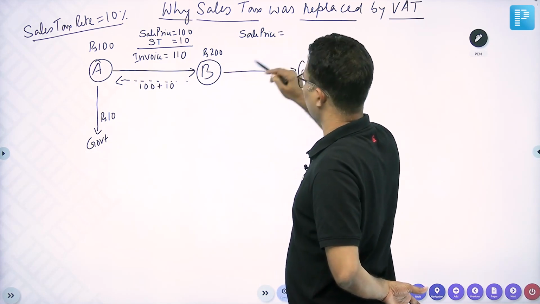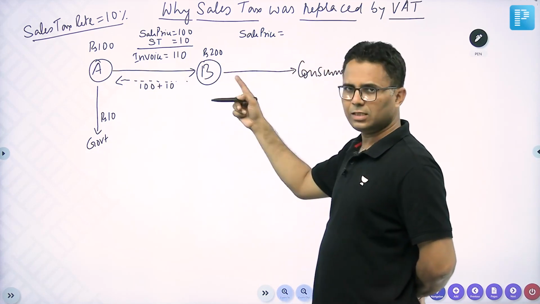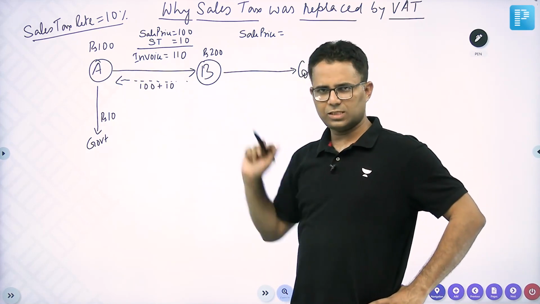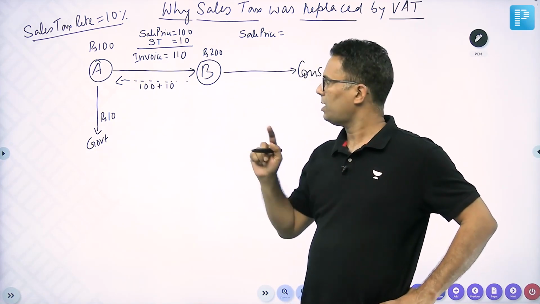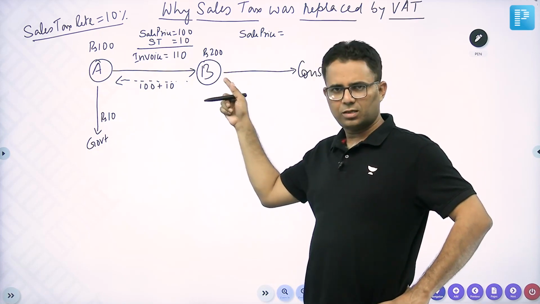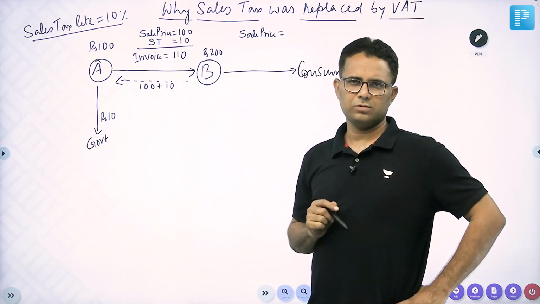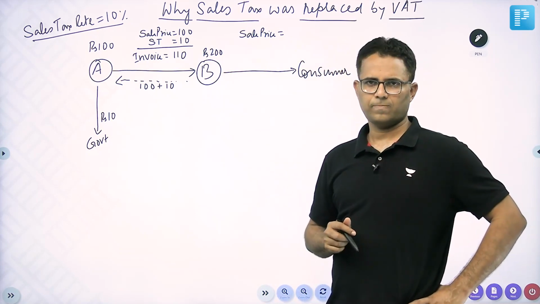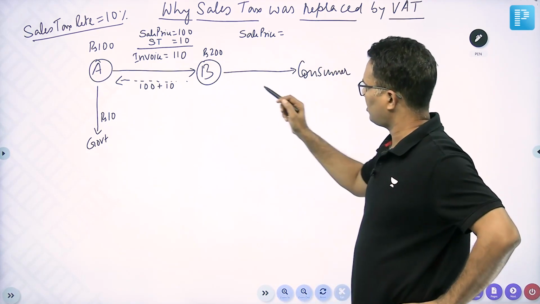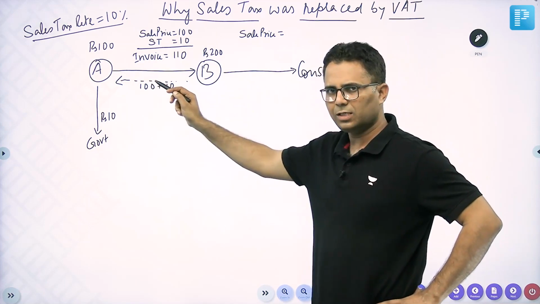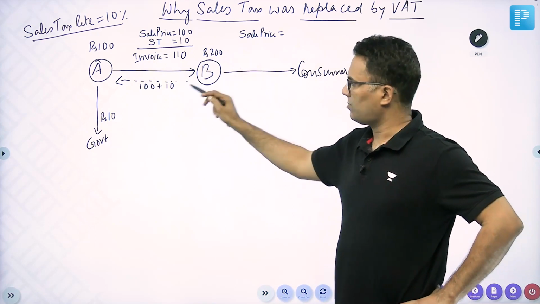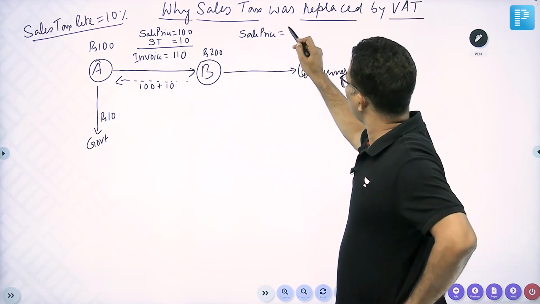B has purchased the product in 110 from A, and for his work B wants 200. So in how many rupees will B sell to the consumer? B has already paid 110. For his work B wants 200. So he would like to sell at 200 plus 110, 310.